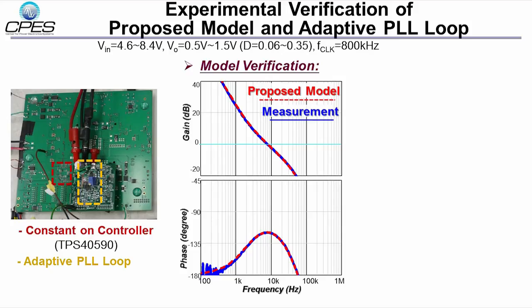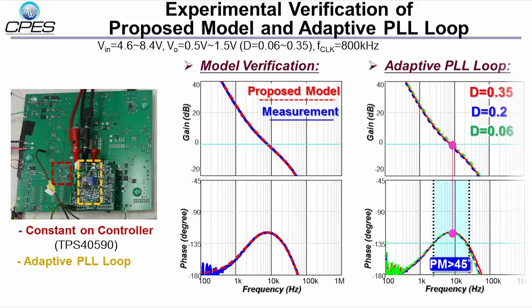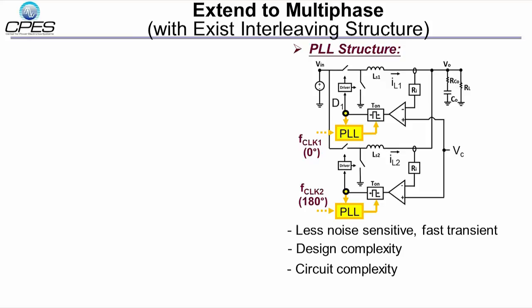Then the TP loop gain of the adaptive PLL loop shows that the bandwidth is always anchored at 9 kHz with peak phase margin of 90 degrees over a wide duty cycle range. So the proposed adaptive idea is effective. When the proposed adaptive PLL loop is plugged into the PLL loop structure, the design complexity is resolved. Next step is to simplify the PLL loop circuit.